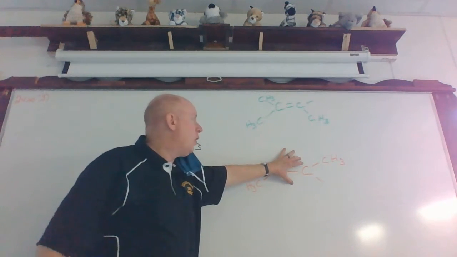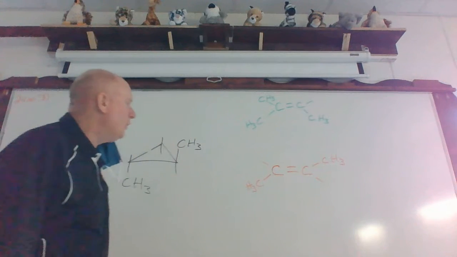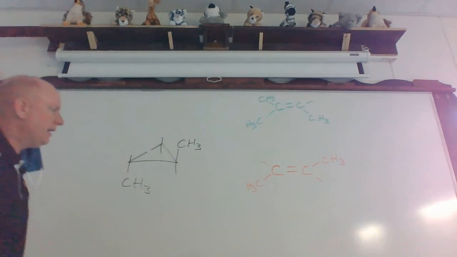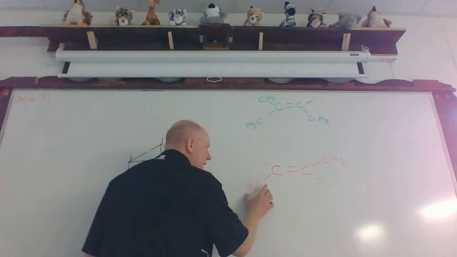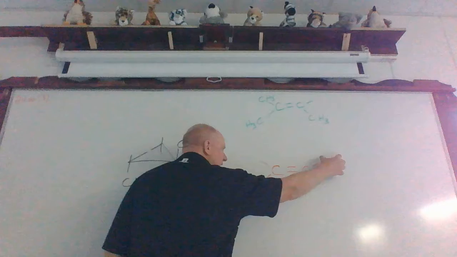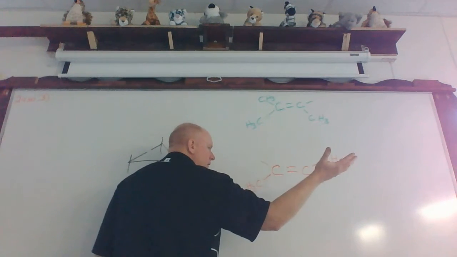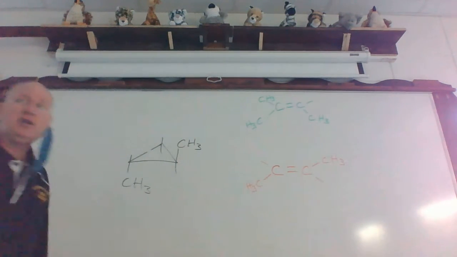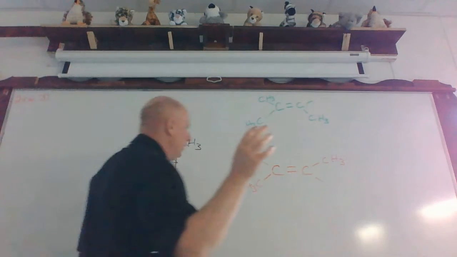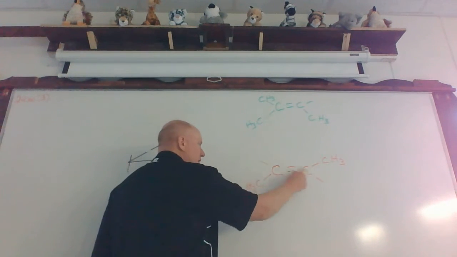Okay, so whatever makes sense to you to remember that this is a trans compound, whether you've got what appears to be a methyl group on each side, which to me could be confusing because then you're not saying it's part of the parent chain. The best way to look at that, I think, is look at your hydrogens.